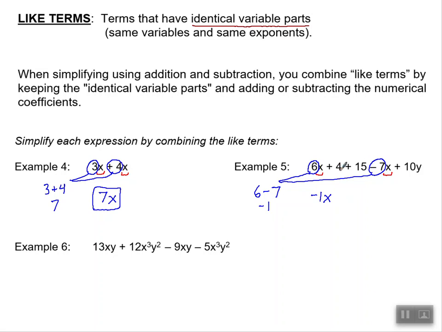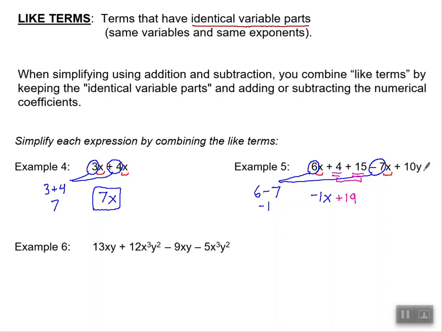I see a 4, that's just a regular number. I see a 15, that's just a regular number. So this 4 and this 15 combine together to make 19. That's a positive 19, so I need my plus sign. And finally, my last term, it's a 10y. But there are no other terms that have a y there, so there's nothing else to change this term.